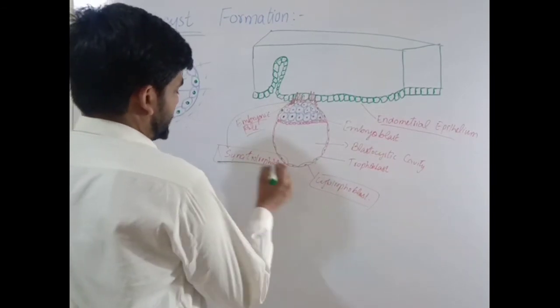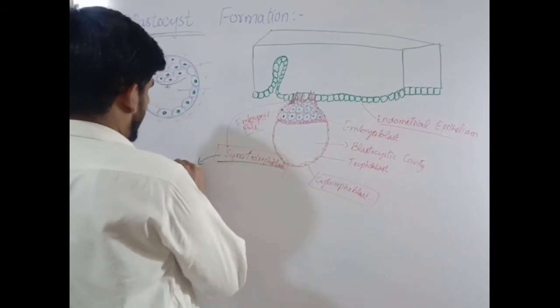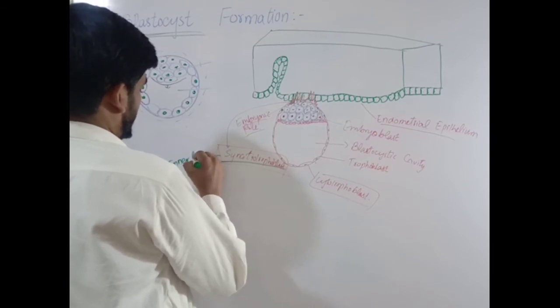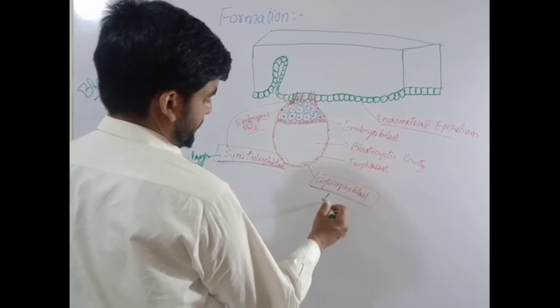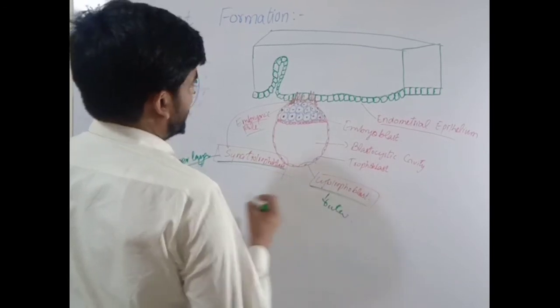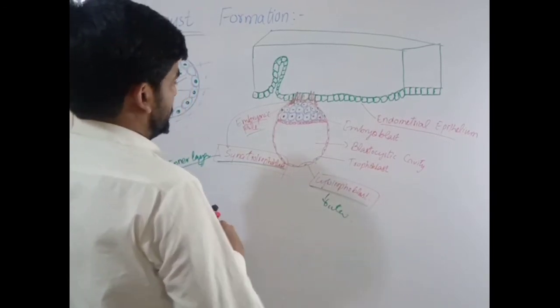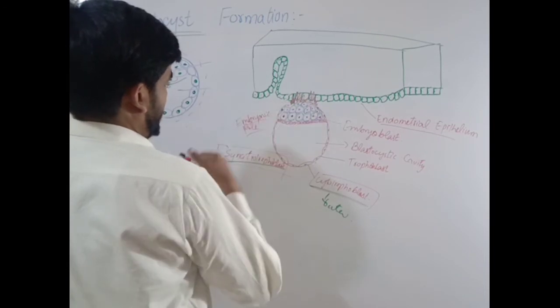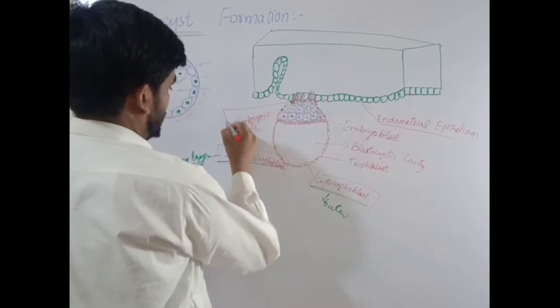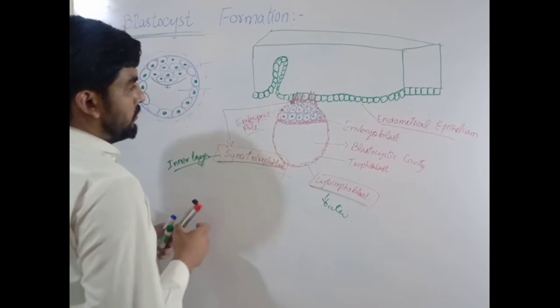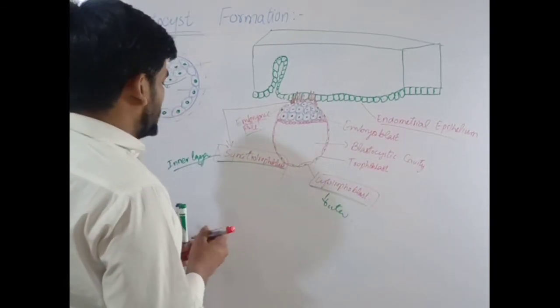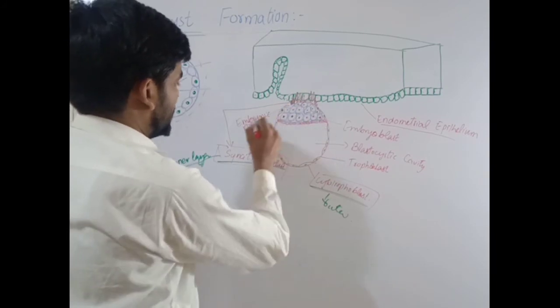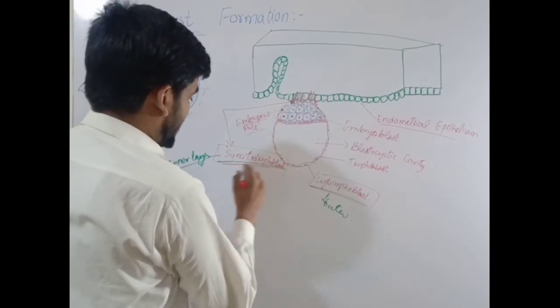The cytotrophoblast is the inner layer, and the syncytiotrophoblast is the outer. The syncytial trophoblast is the invading structure.